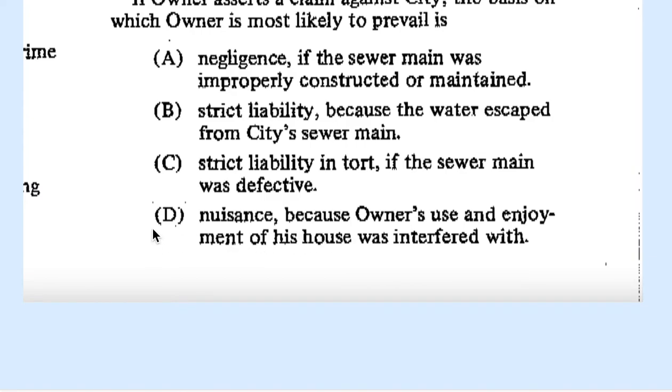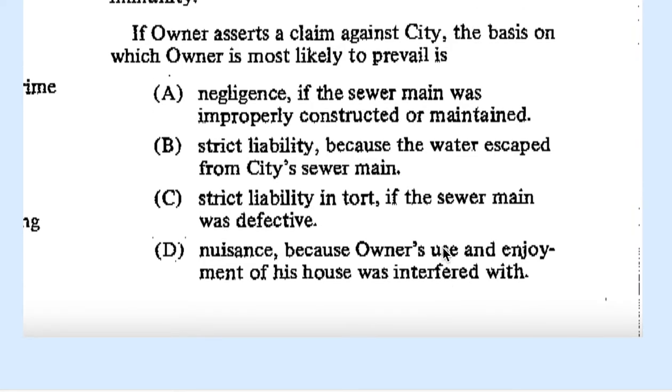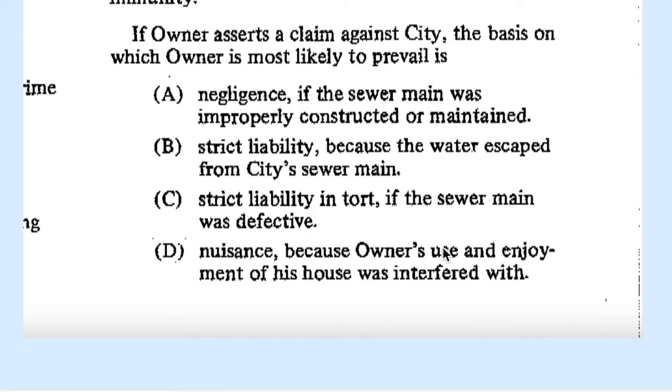Now, this might trick somebody, the D, because you think about property law and you think about the bundle of rights to enjoyment, but it has to be non-trespassory, it can't be trespassory. So, that's why it's not D.